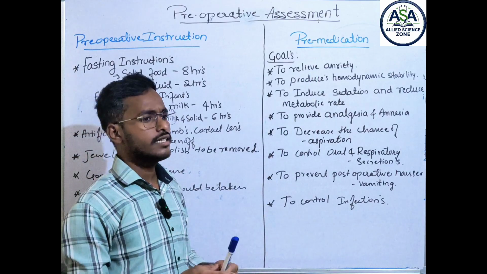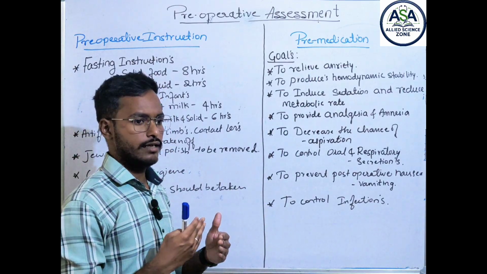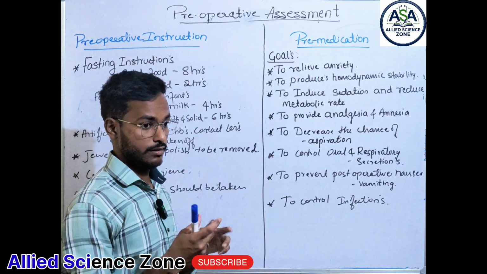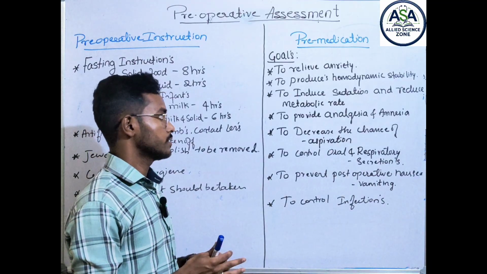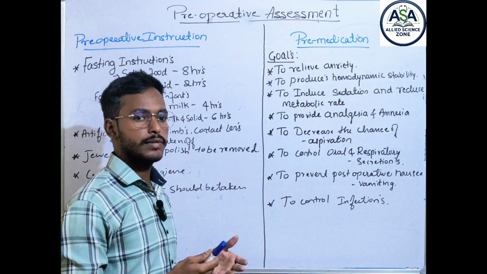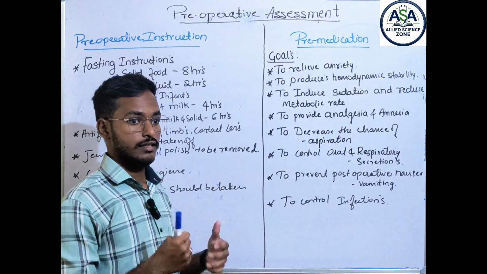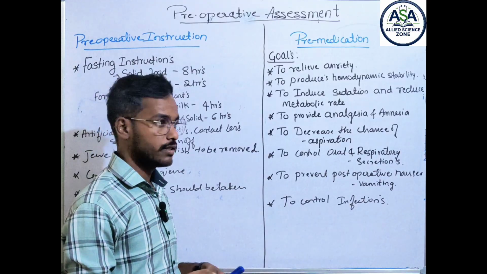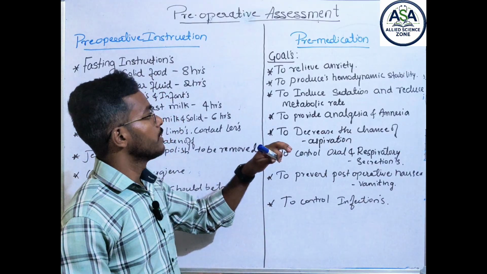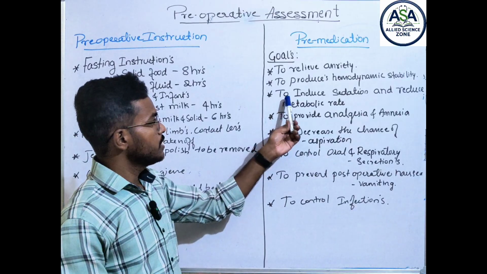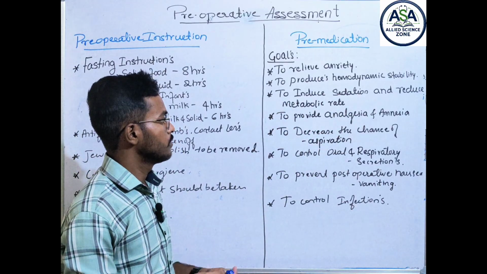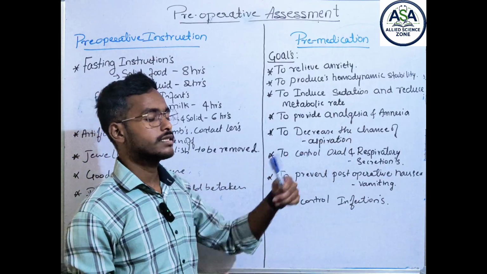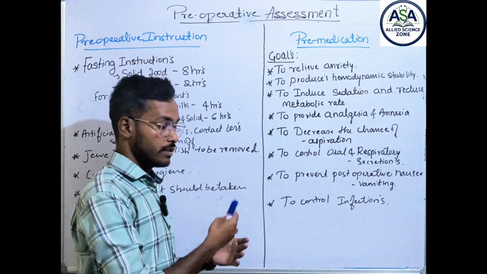To relieve anxiety, benzodiazepines are used nowadays. Midazolam is used to relieve anxiety. Next, to induce sedation and reduce the metabolic rate, and to provide analgesia and amnesia, these drugs are used.